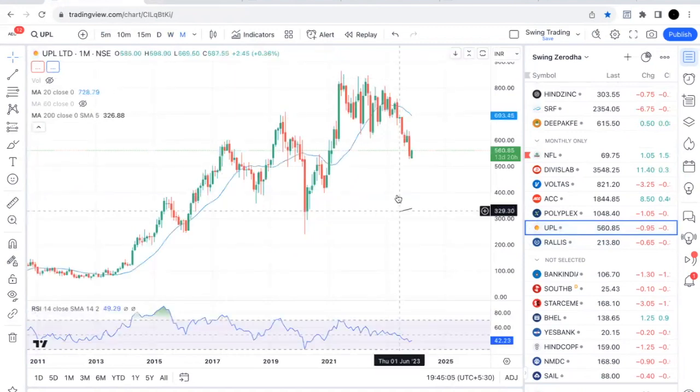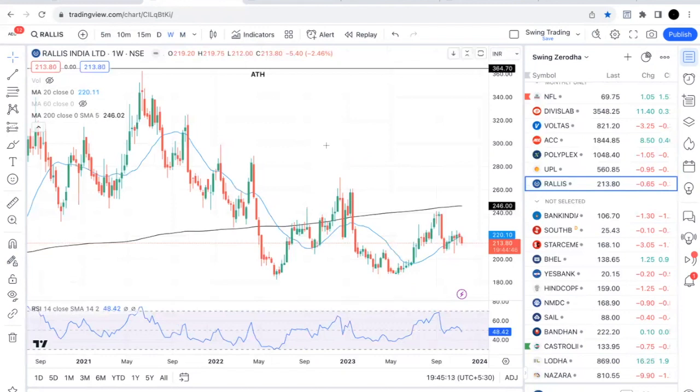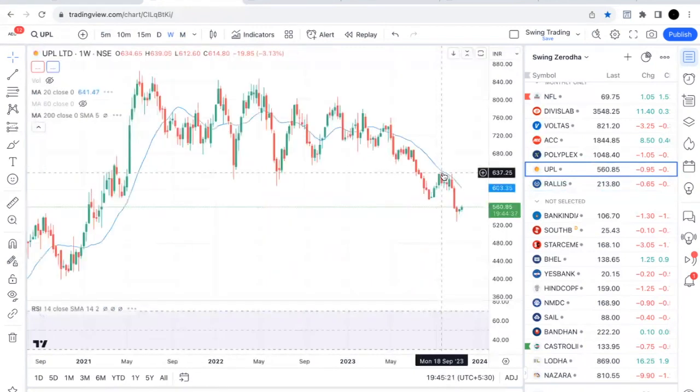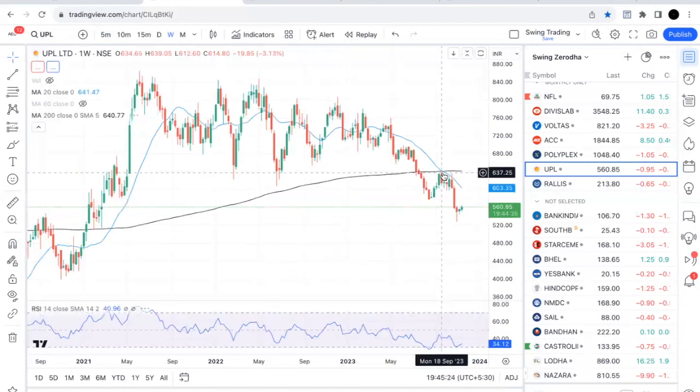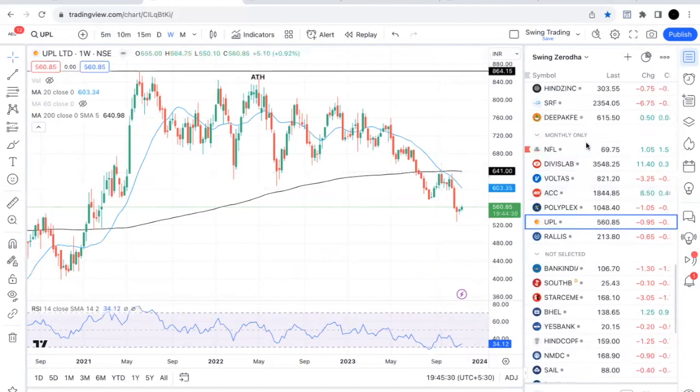It only has a little bit of history as far as the 200, but it is looking good. It's above, but on the weekly, let's see what happens. Okay, on the weekly, the 20 is below. All right. So I've separated the ones that are trending only in the monthly.